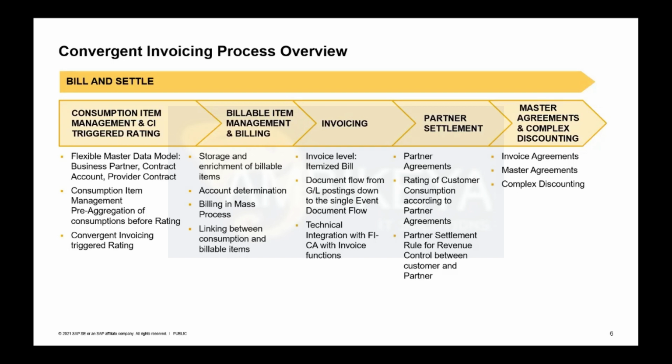We also mentioned partner settlement, and we can do the rating of partner settlement. And we also have partner settlement rules to control the connection between the customer and the partner, and to classify the partner according to a risk. Do you want to pay the partner revenue directly, or do you want to wait until the customer has paid its invoice?